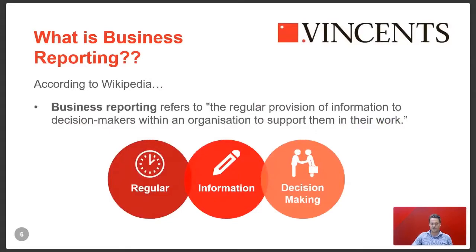It's not simply a set of financial statements, which many of you are used to seeing annually. It is regular. Depending on the type of report, you can review these weekly, monthly, quarterly. The information is not just financial, it's financial and non-financial, and is to support decision making through the supply of information.